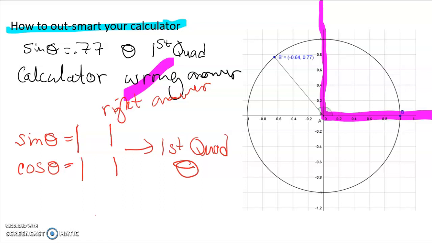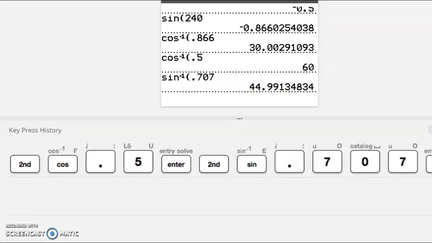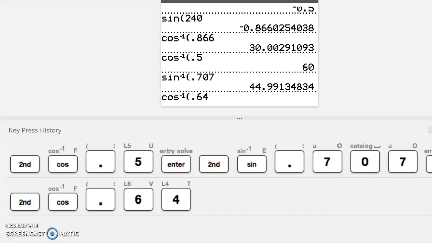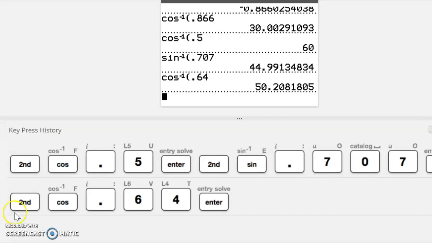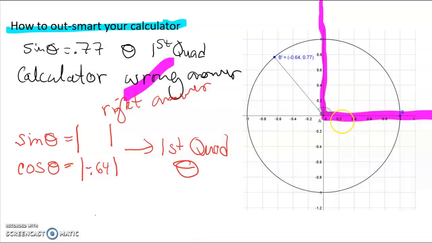So let's try this. I'm going to do the cosine one. The absolute value of negative 0.64 is 0.64. So I'm going to come over to my calculator and say cosine inverse of 0.64, and it gives me 50 degrees. We're just going to round to the nearest degree.